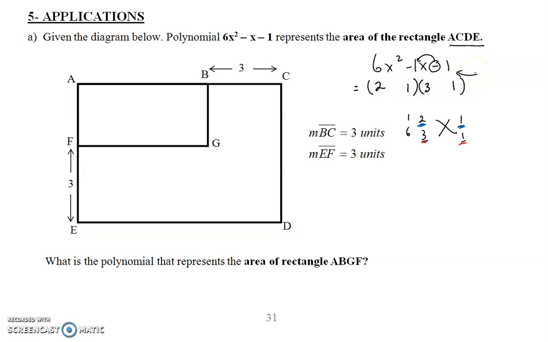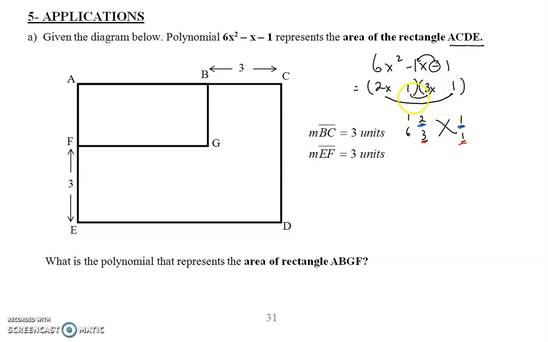Remember, the first row goes into one bracket together. And they're both going to have x's on them. Now, the tricky part about the complex trinomial is that when we have a negative on that final term, it means that the signs are either going to be plus minus or minus plus. And so it's up to us to figure out which one is going to give the negative 1 as my product of the inner and outer numbers.